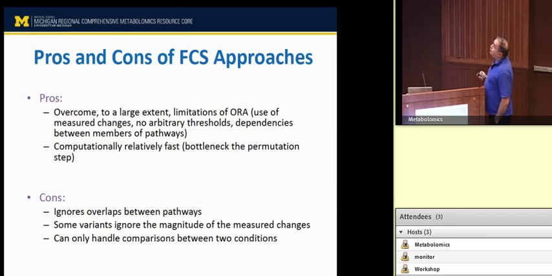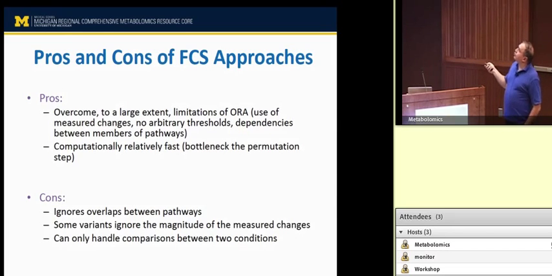The bottleneck is, of course, this permutation step, because in order to get the sampling distribution, you need to run this procedure 2, 3, 4, 5,000 times in order to have a good calibration of the significance of your enrichment score. 10 years ago, these were important issues. These days, probably you can even run it on your smartphone.